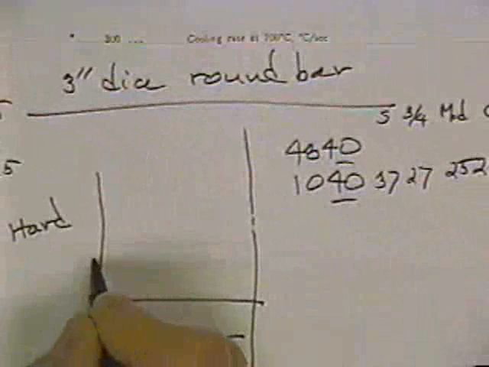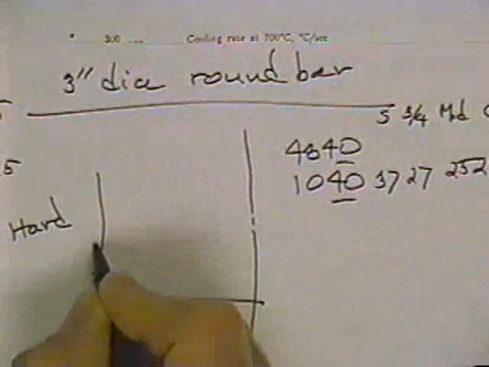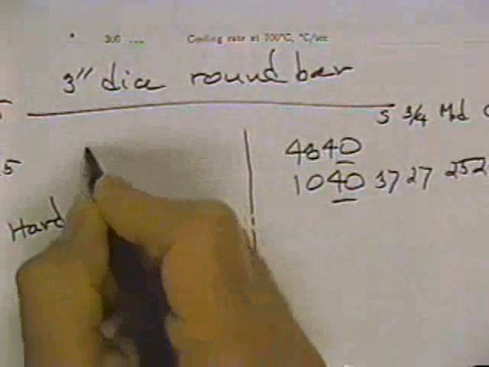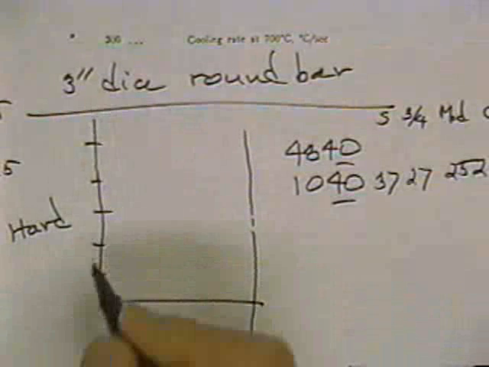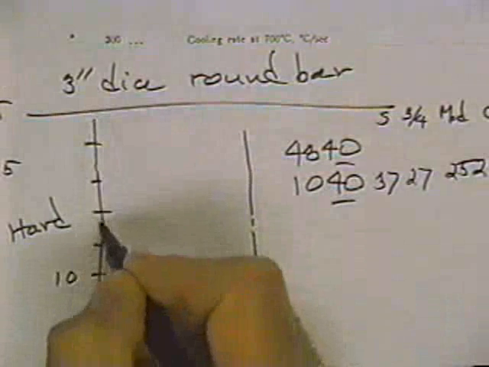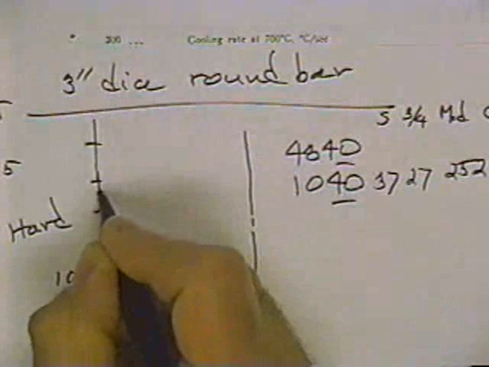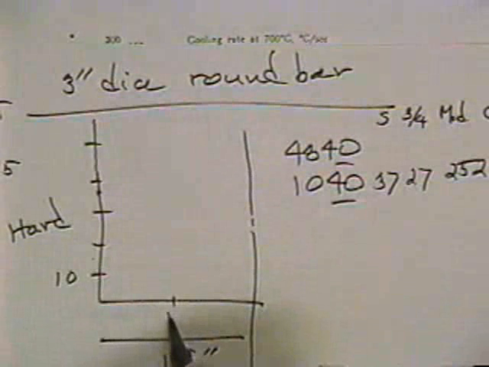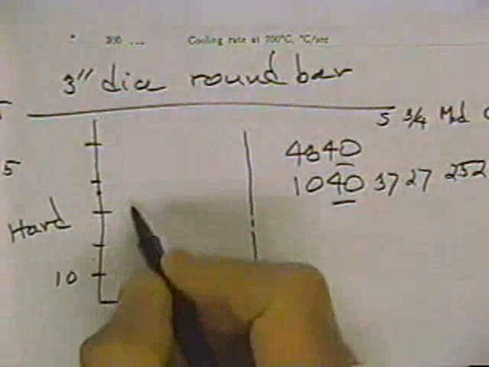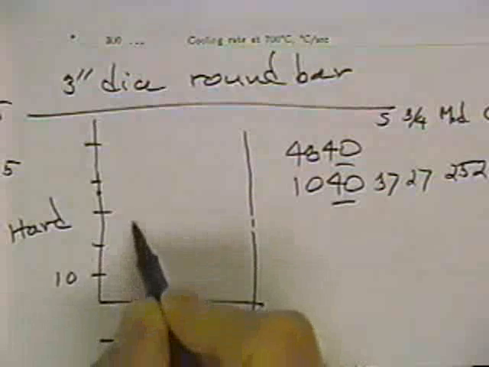And now if we plot those, 10, 20, 30, 40, 50. I don't know if we'll get any higher than that. Then, let's see, this is 10, 20, 30, so the surface would be 37. This is going to be the mid-radius. This is going to be the 3/4 radius. At the 3/4 radius, it's 27.